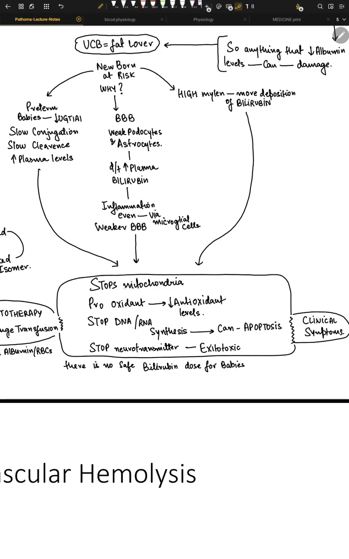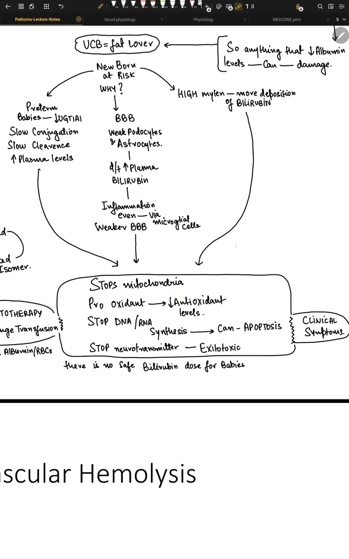What is this general dysfunction? We know that mitochondria are needed to produce ATP, right? So the function of mitochondria stops, and ATP production stops. Now we know that a huge amount of bilirubin can lead to pro-oxidant effects, right? What really happens in detail here is that bilirubin decreases the antioxidant levels.